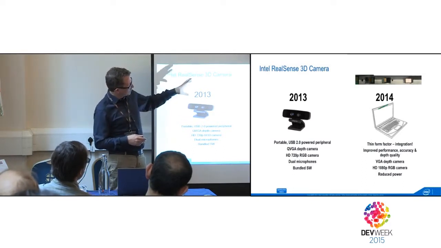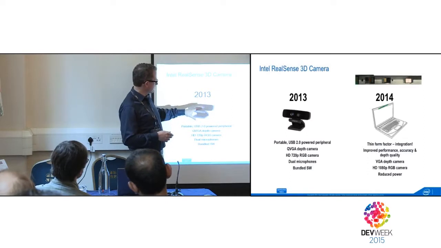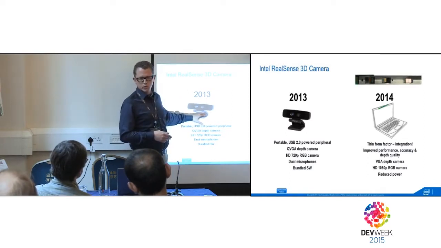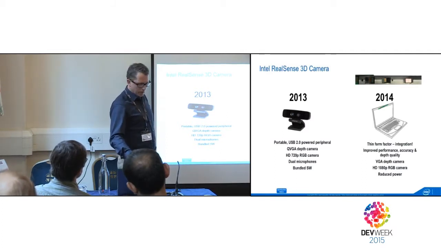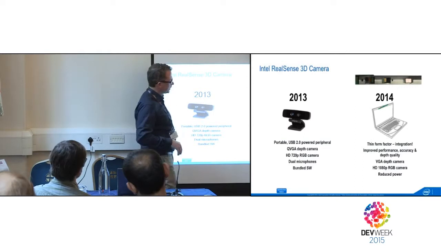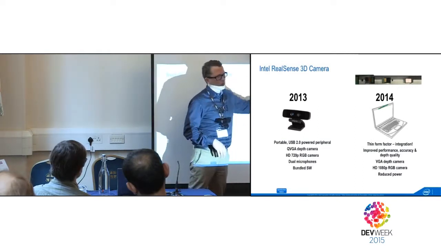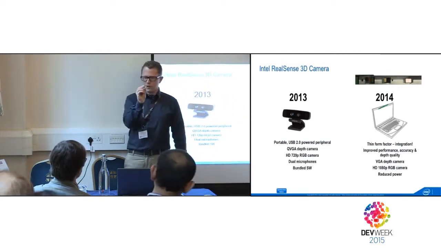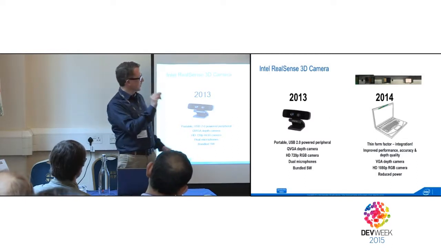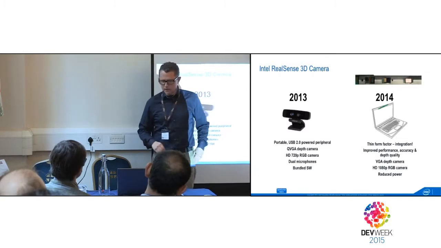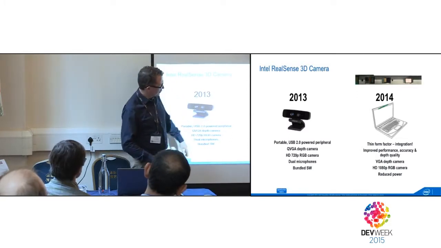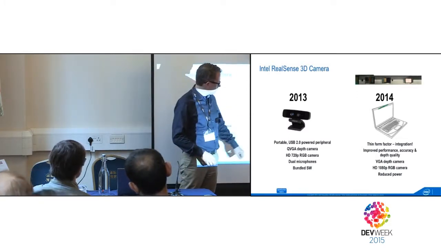And we continue to work on it because an external camera is not the solution, right? Everybody on their laptop or tablet has a camera, a 2D camera, and we think it's worth having a 3D camera. So we developed our own 3D camera. It's really a very thin camera. It's like 2 millimeters thin. It has a laser on board, several cameras, and it's able to do 1080 HD.